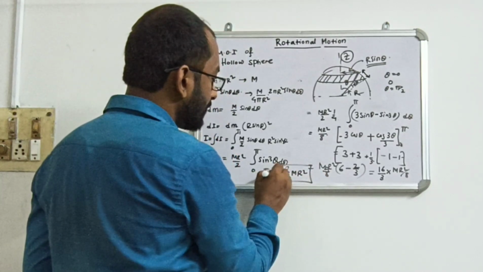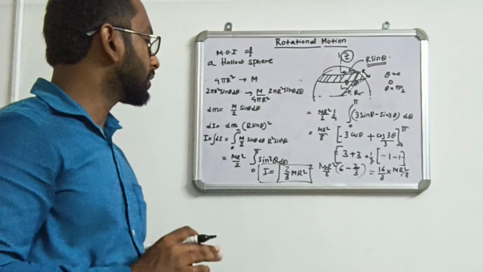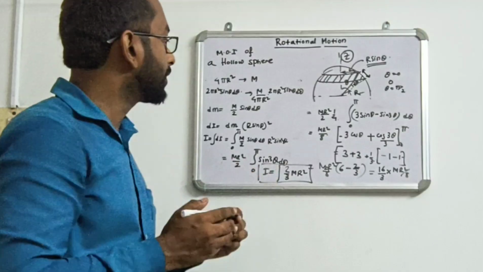So that is our value of the moment of inertia of a hollow sphere having mass m and radius r, 2 by 3 m r square.